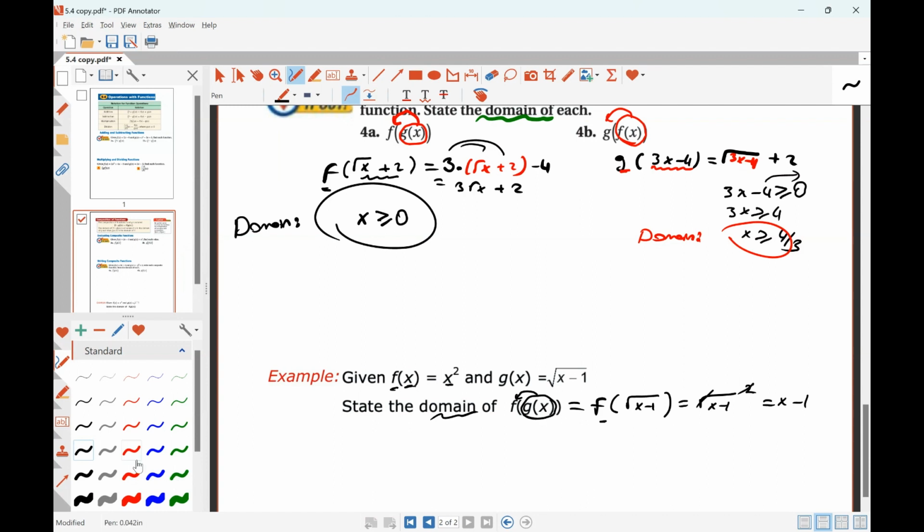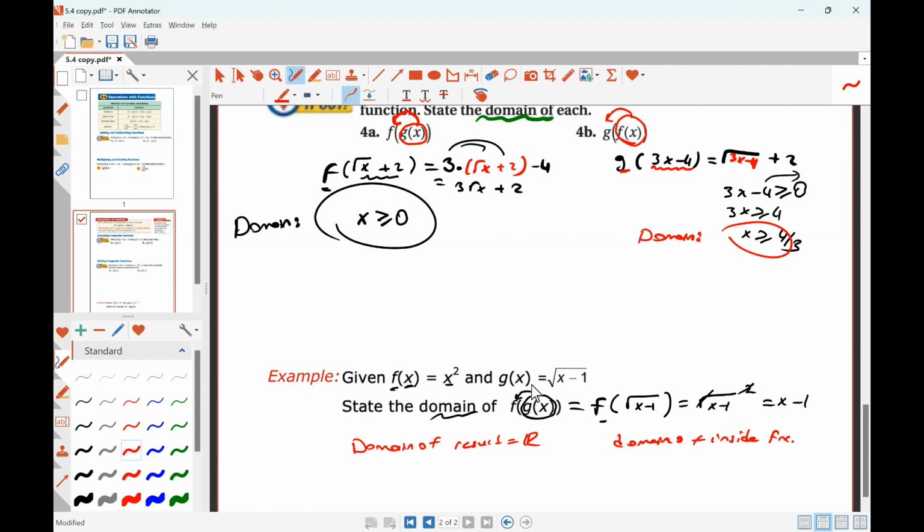The domain of the result is all real numbers, right? X minus 1's domain is all real numbers. There is no restriction. And the domain of the inside function: our inside function is g.